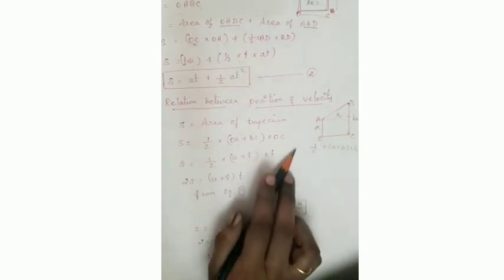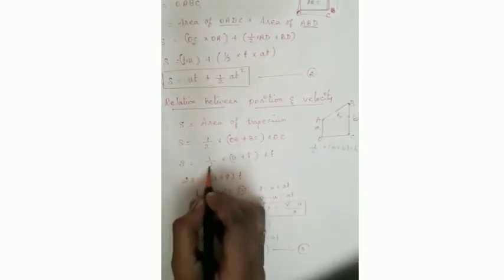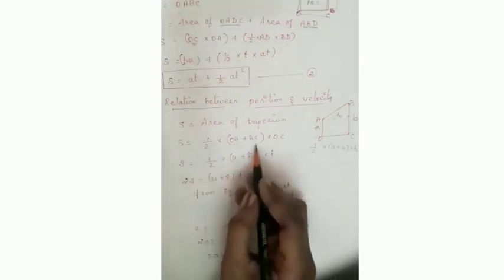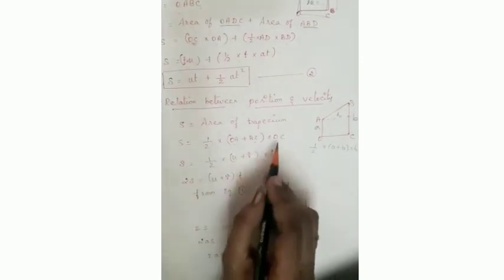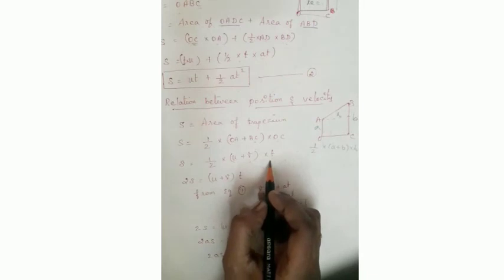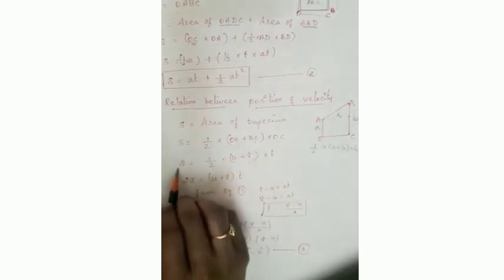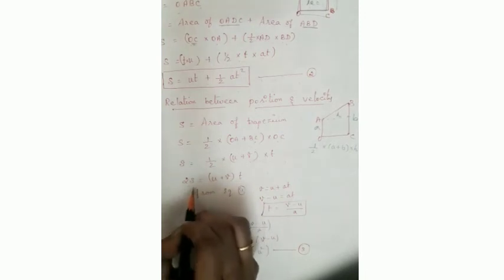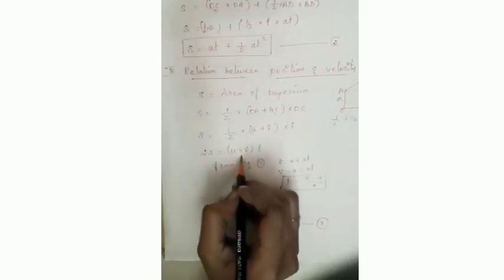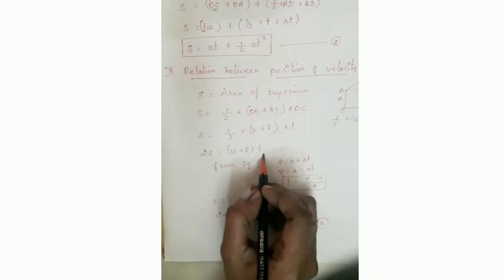OC. Then s is equal to half into (OA plus BC) into OC, where OA is the initial velocity, BC is the final velocity, and OC is the time taken. Taking this 2 to the left-hand side, it becomes a multiplication. So 2s is equal to (u plus v) into t.